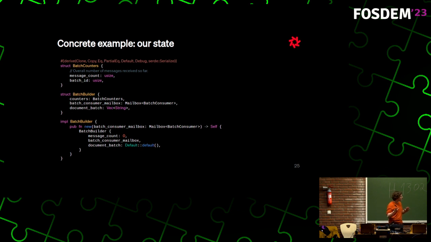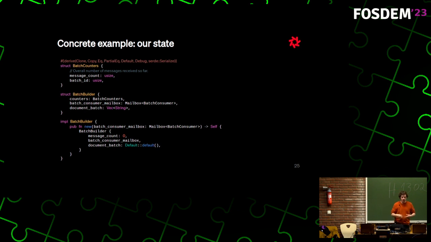So let's start slow and easy. So we have our actor here. So this is the state of the actor, but this is the actor as well. Something that is obvious is it will have to have some mailbox to push the files that it produced to.